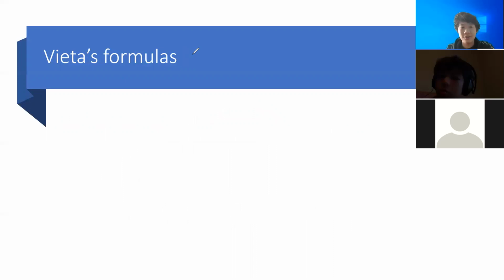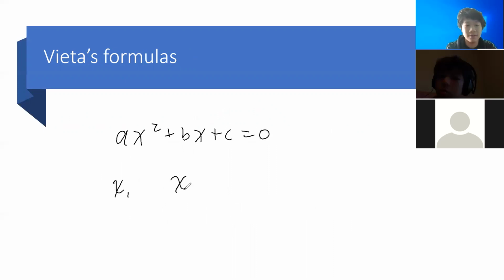So let's say we have the quadratic ax squared plus bx plus c. And let's say the two solutions to this equation are x1 and x2. Vieta's formulas say that x1 plus x2 is negative b over a.